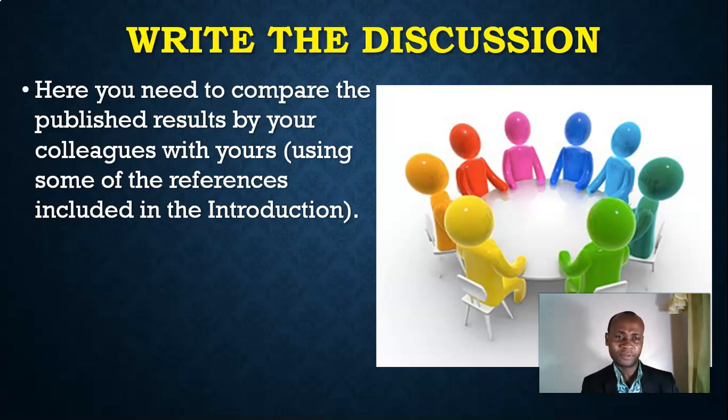In relation to this, Johnson 2010 reported that blah blah blah. Or I can say that in agreement to this finding, Johnson 2010 also found that blah blah blah. Or I could say in disagreement or contrary to these findings, Johnson 2010 reiterated or emphasized that blah blah blah.